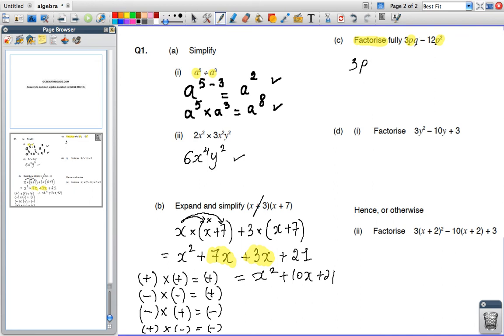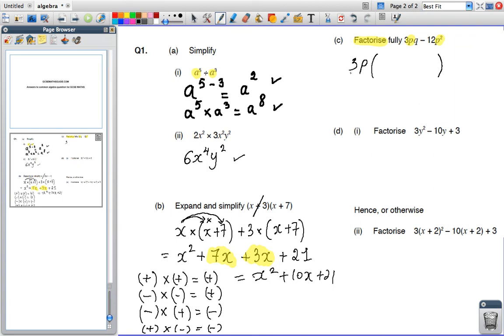Now let's take a look at the next letter. We've got q here, and on that side we don't have a q, so therefore we can't find a common factor for q. Once you've found all your factors, open up a bracket, and what you're going to do is multiply the 3p here with something so that you get back to the 3pq.